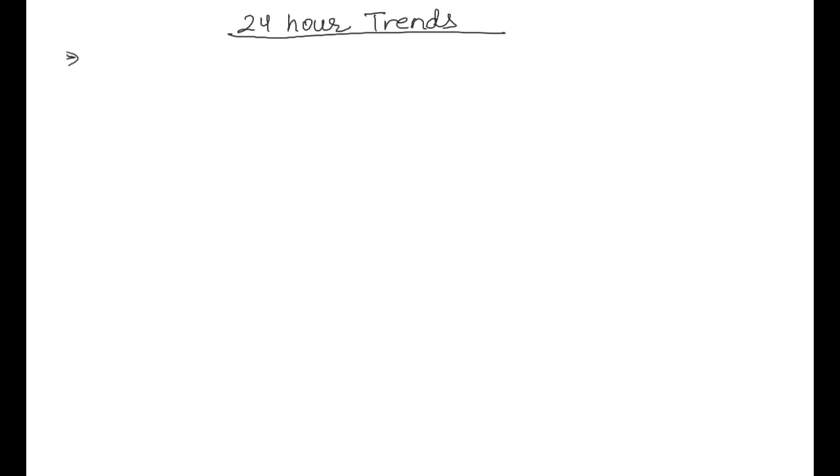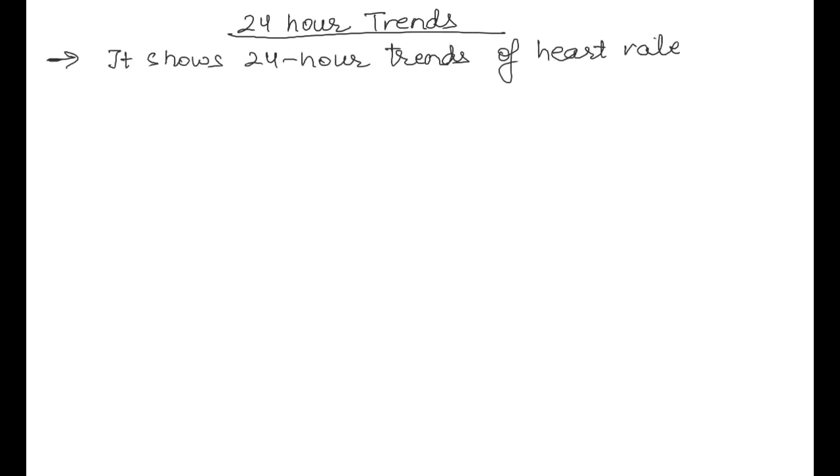Now the report shows the 24-hour trend of heartbeat, heart rate, supraventricular ectopy, and ST recording. So all those factors will be shown.